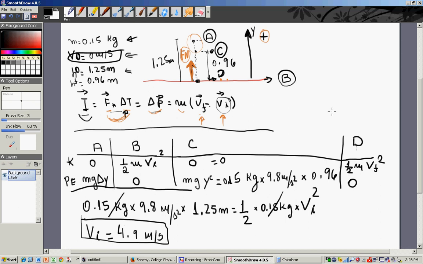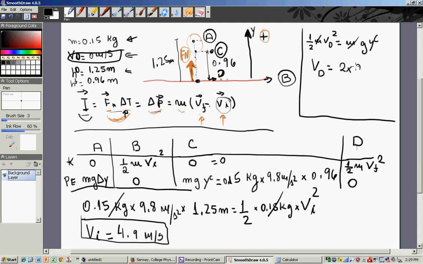See? So what I do next, and I'm going to use this little corner here: half m vD squared is equal to mg yC. My m cancels out, so vD is going to be equal to the square root of 2 times 9.8 meters per second squared times yC, which is 0.96 meters.